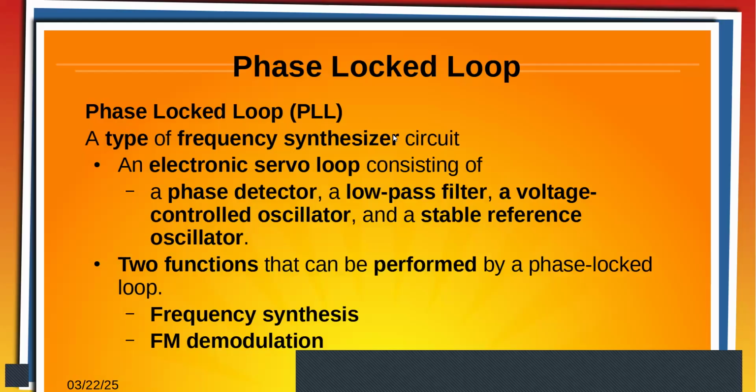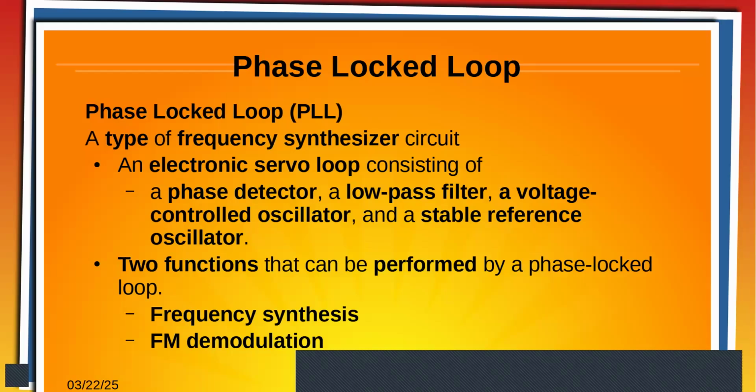The other type is a phase lock loop, where you make use of a phase detector, which is a little circuit that can detect the difference in phase between two signals. I think they do it by looking at zero crossover, where they don't cross over at the same point.